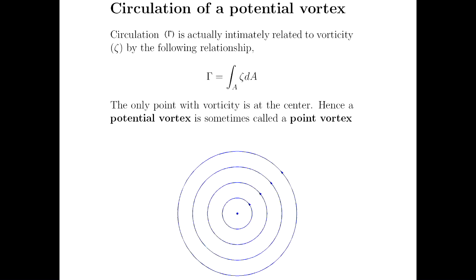So we also know that there's only one point in a potential vortex where there is vorticity, okay, and that is at the center of the potential vortex. So that's why a potential vortex is also known as a point vortex. Okay, everywhere else is irrotational, has zero vorticity, except here at the center there.